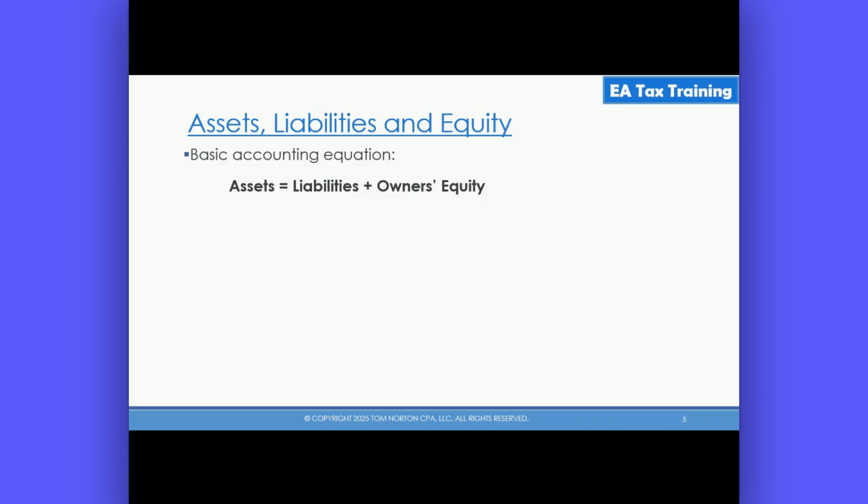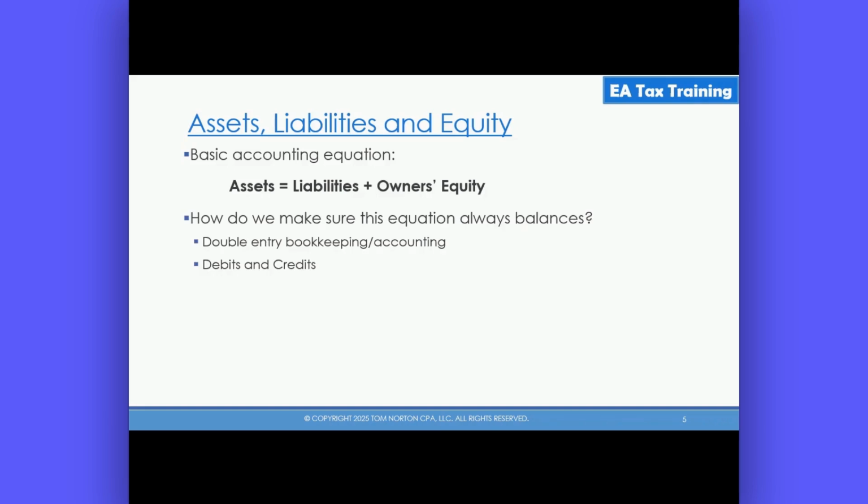So every time we record a financial transaction for the business, we need to make sure that this equation balances. How do we do that? This is where we have double entry accounting or double entry bookkeeping. If you've taken a bookkeeping or an accounting course anywhere in the world, this is what you have learned. And you've probably heard of debits and credits.